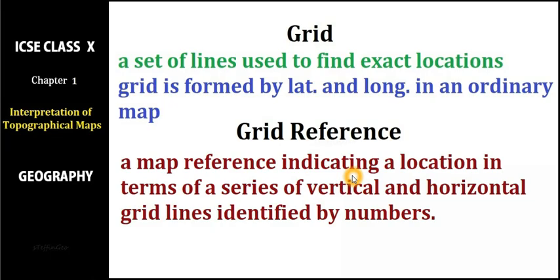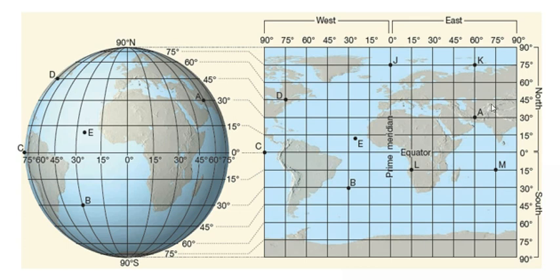Right. Now, another important term is grid reference. So grid reference is actually the coordinate of one particular point. If you take this A, the coordinate of A is 30° north latitude and 60° east. So that coordinate of this one particular point is called its reference.